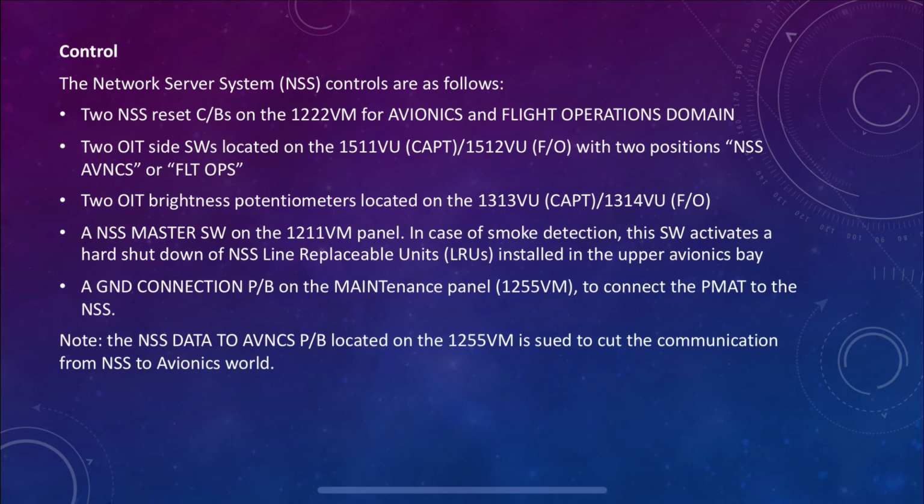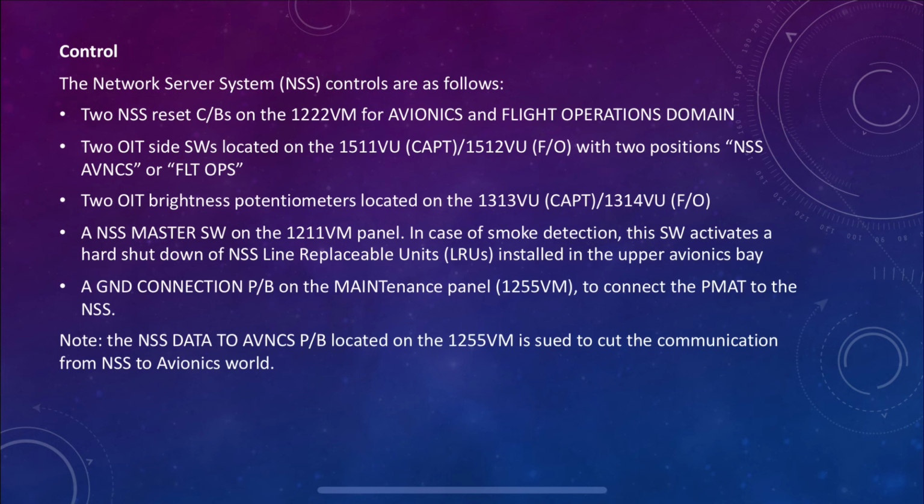Control. The network server system NSS controls are as follows. The first is 2 NSS reset CBs on the 1222 VM for avionics and flight operations domain. The second is 2 onboard information terminal site switches located on the 1511 VU for the captain and 1512 VU for the first officer, with 2 positions: NSS avionics and FLT OPS.